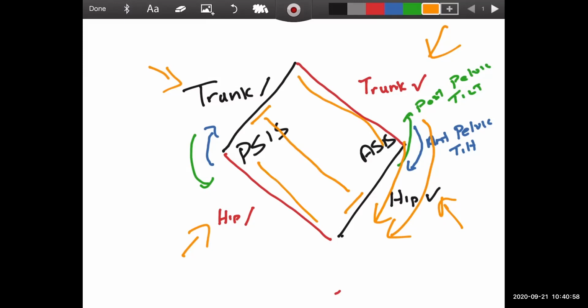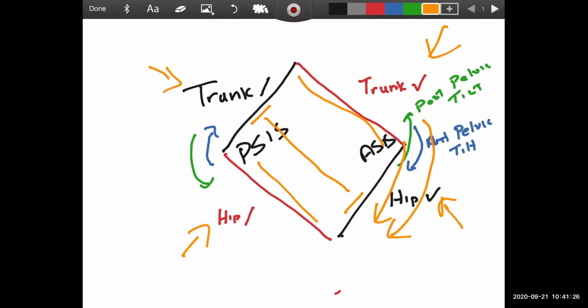So what are we going to want to do to them? If they're tight, we're going to stretch them. Yep. Now that means the other muscles are going to be lengthened. If they stay lengthened for a long period of time, they will become stretch weak. But it's still not a bad idea to strengthen them to help pull those other areas back into alignment, right?